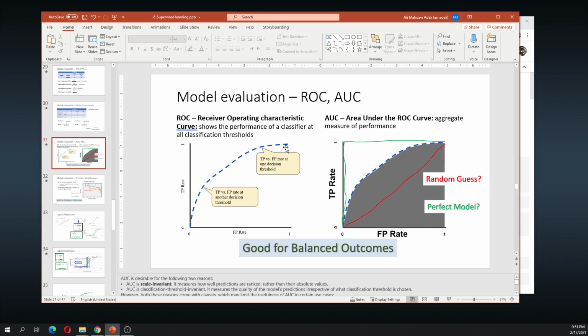So what is the curve? It simply calculates the true positive and false positive rate at a particular threshold. We didn't talk about what that threshold is, so let me talk about the ROC curve in the context of logistic regression.